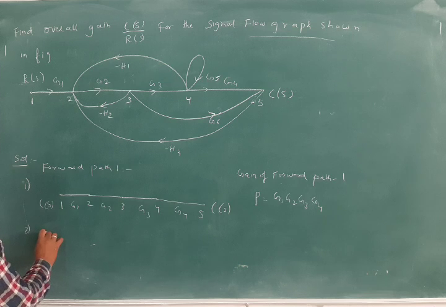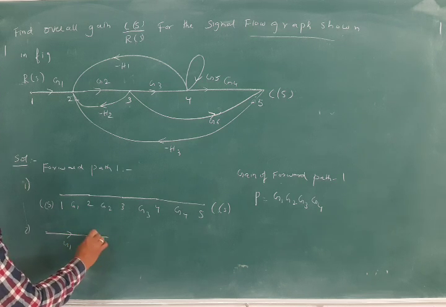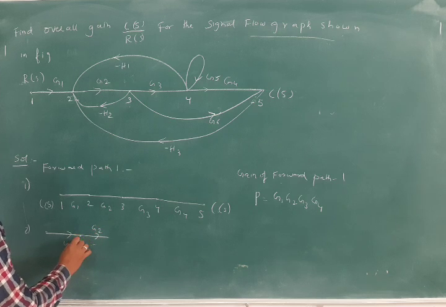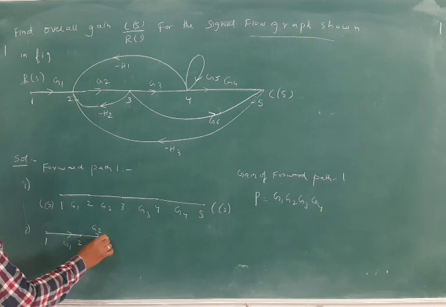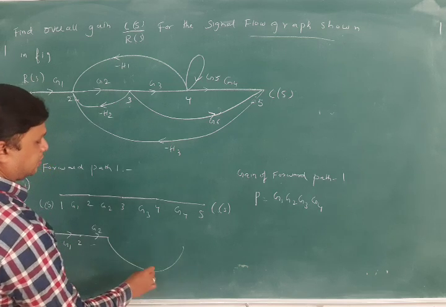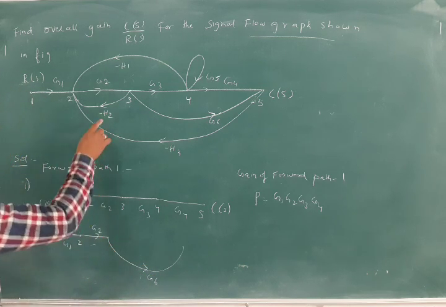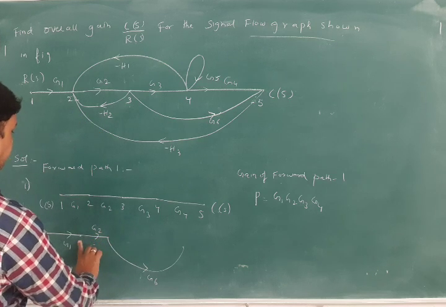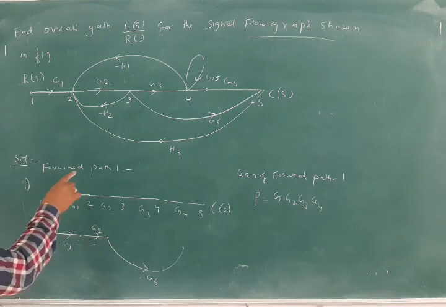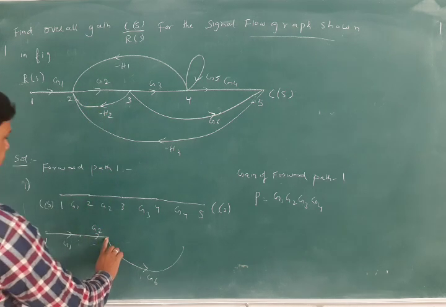Now we will see the other forward path here, that is G1, G2. Note the points here, and here it is G6. G6 is also a forward path. So it is 2, G1, G2, and it is starting from here.